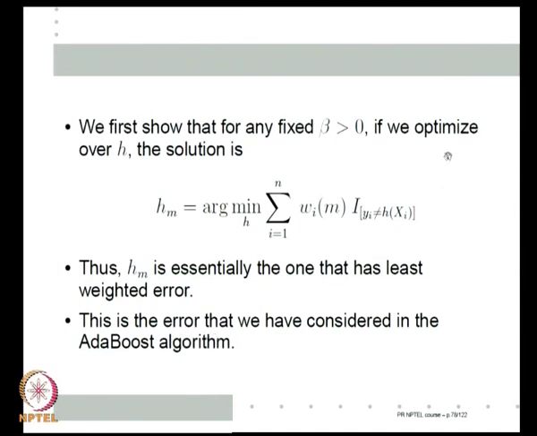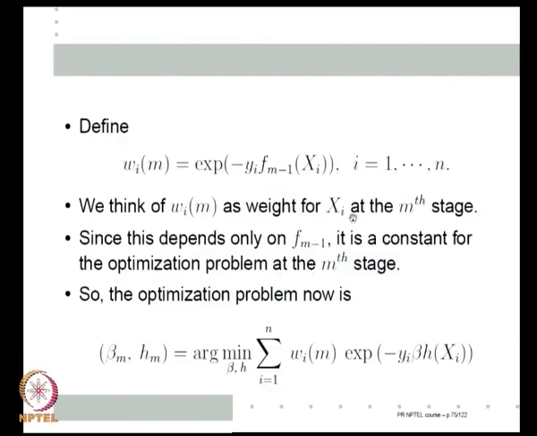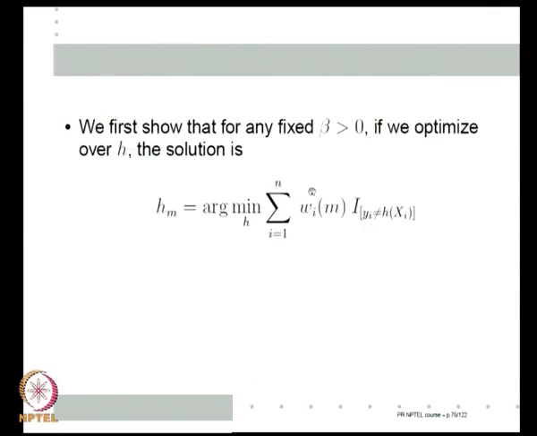Of course, we have not yet shown that this w_i^m, which we defined with respect to f_{m-1}, has anything to do with our weights, but we will show that later. So, essentially we will first show that for my mth stage optimization problem for stage wise learning of additive models, if I did this optimization over only h for fixed beta, no matter what value of fixed beta, as long as beta is positive, this will be the solution.